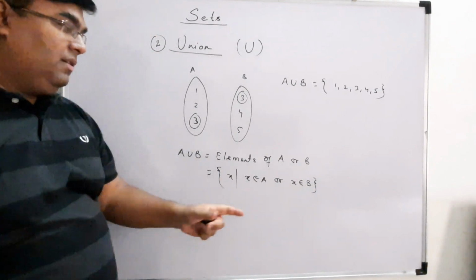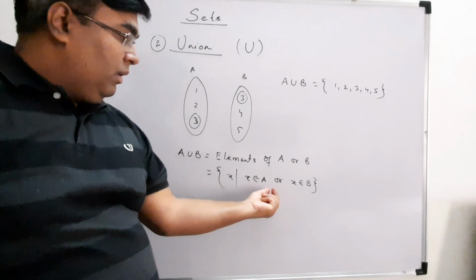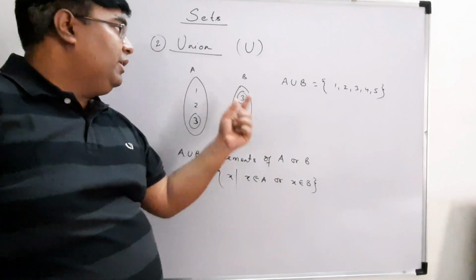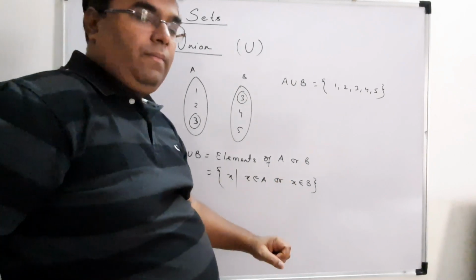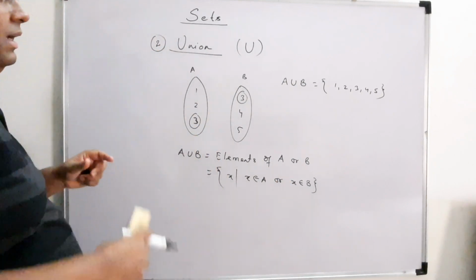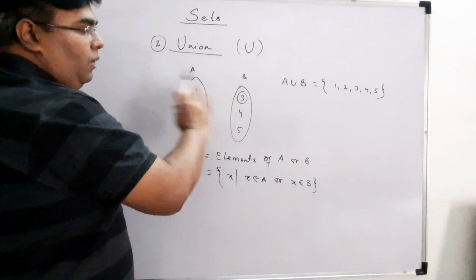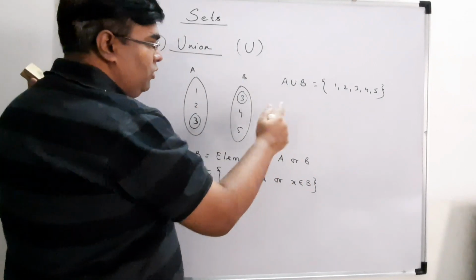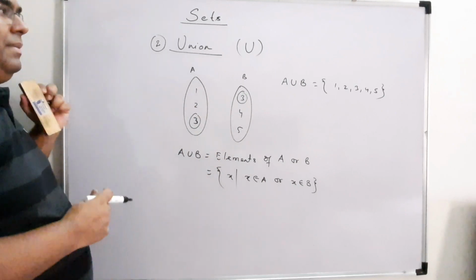In intersection, if you go back to my video, it was AND, but in union it is OR. Got the concept? A union B means all the elements, written only once. You should not repeat the elements here.